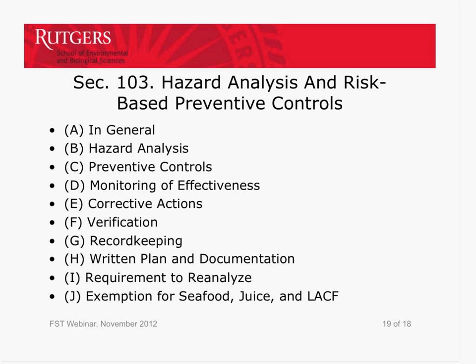But if you read these bullet points right here, hazard analysis, preventive controls, monitoring effectiveness, corrective actions, verification, and record keeping, those are the principles of HACCP, written right there in the rule. So even though this is not a rule about HACCP, it really is HACCP.